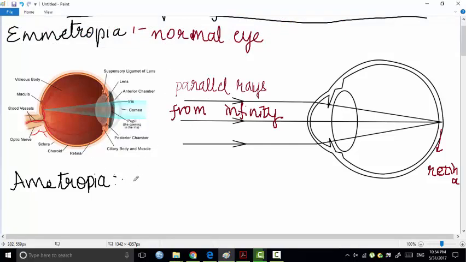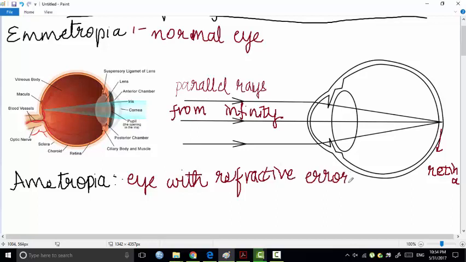Emmetropia is the normal eye. An eye with some refractive error is ametropia. In this eye, the parallel rays do not focus on the retina. They are of many types.